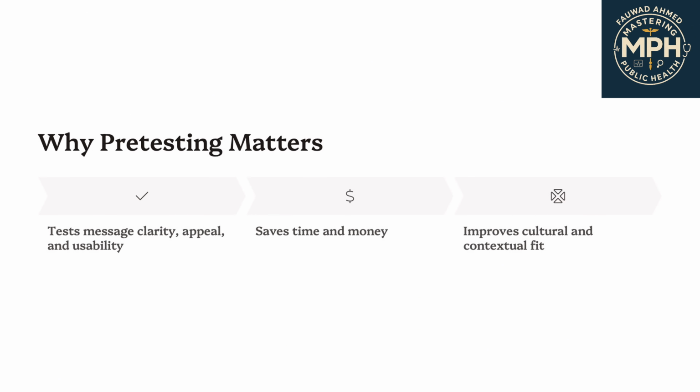Pre-testing. Don't launch your message until you test it. Pre-testing is the process of trying out materials, concepts, or messages with real members of the priority population before full implementation. First is pre-testing ensures that the message is clear, relevant, and motivating. Second is it saves time and money by catching issues early. Third is it increases the chance that your message will work.